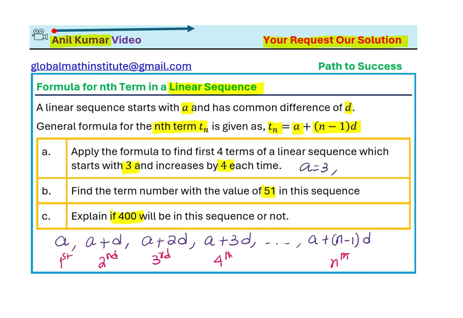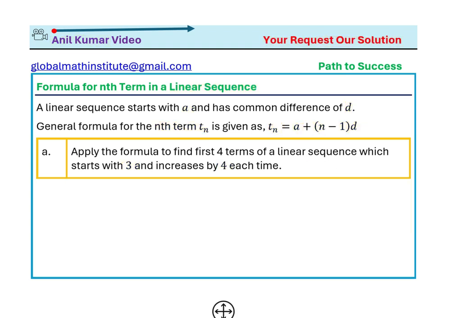And increases by 4 each time means D is 4. In the formula Tn equals A plus n minus 1 into D, we got our values for A and D, and now we can find the first, second, third, fourth terms by putting n as 1, 2, 3, 4. Clear? You can pause the video, answer the question, then look into my solution. That'll be very beneficial.